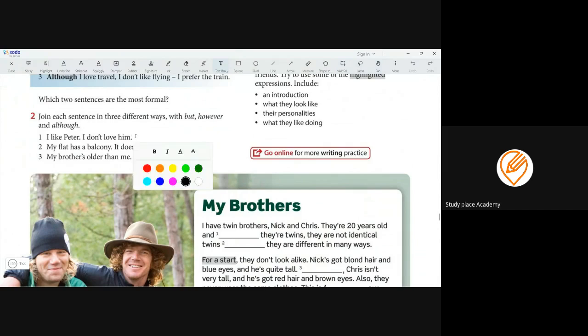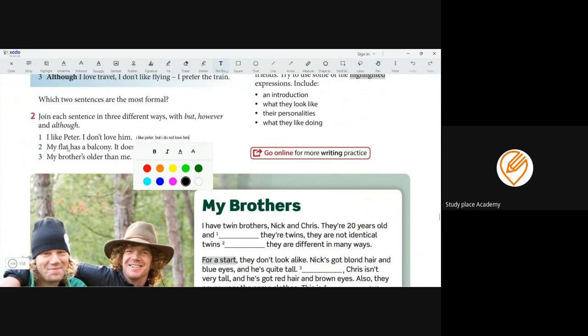So we can write, I like Peter, comma, but I don't love him. Okay, we can also say, I like Peter, period, however, comma, I don't love him. Or we can say, although I like Peter, comma, I don't love him.